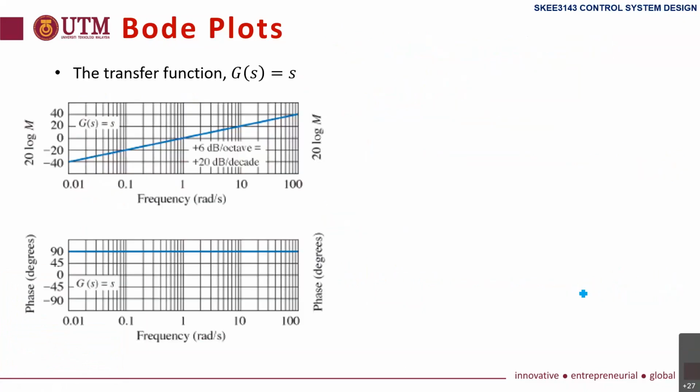Let's move to this one, s. This is the other form. So now we have G(s) equal to s. I substitute s equal to j omega, so G(j omega) equals j omega. In order to get the magnitude in dB, sorry, the magnitude first, not in dB.